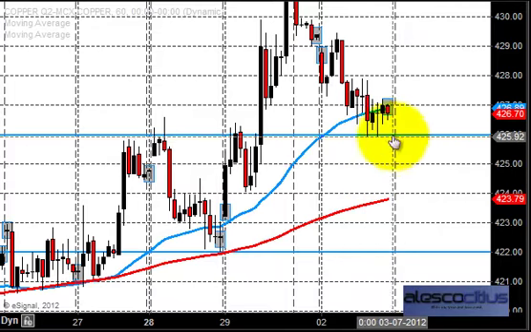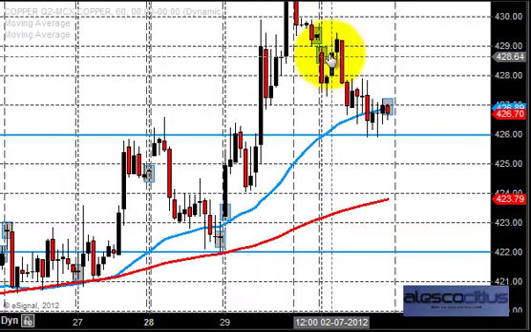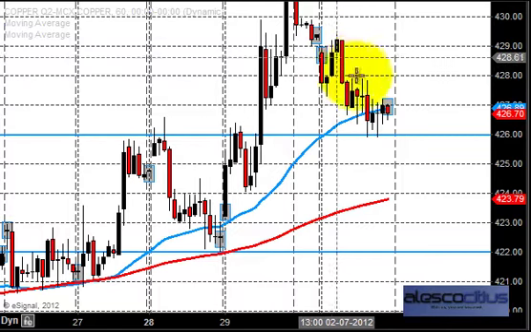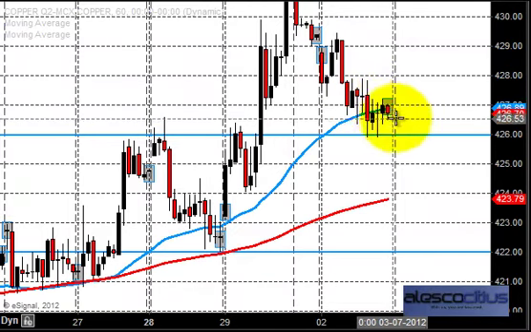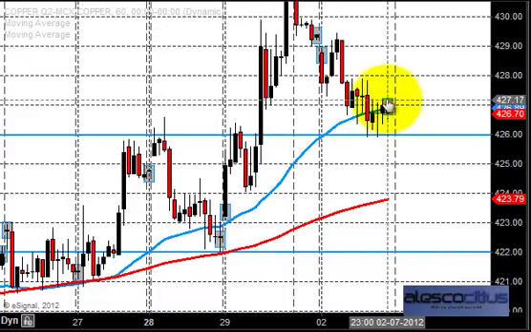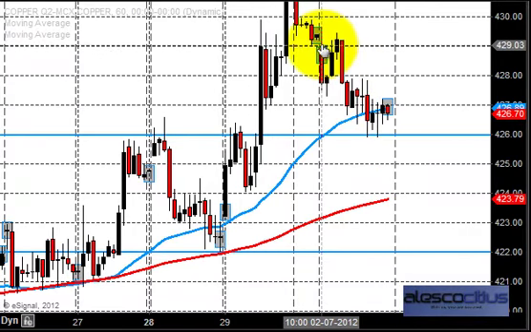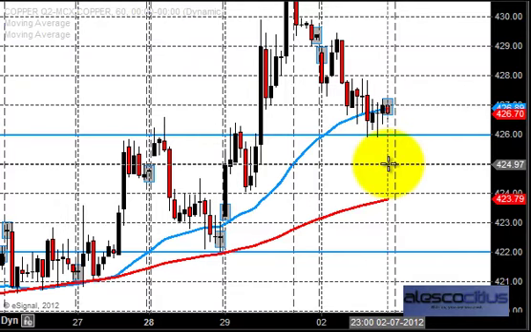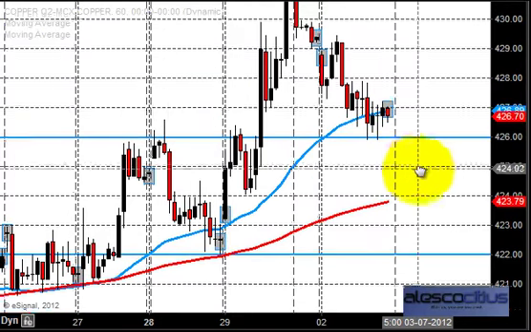Looking at yesterday's Monday price action, the closing around 427, just below the price opening, cannot change the trend. There are still a lot of possibilities that copper can move higher.